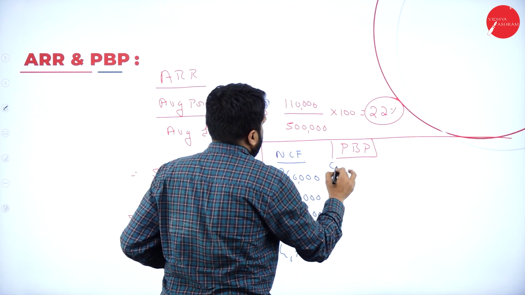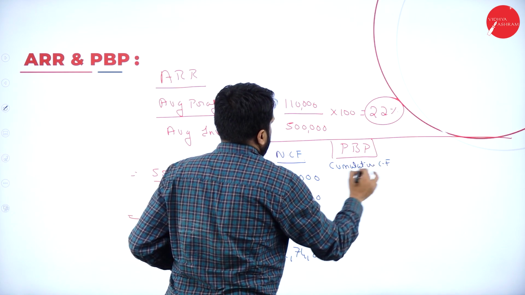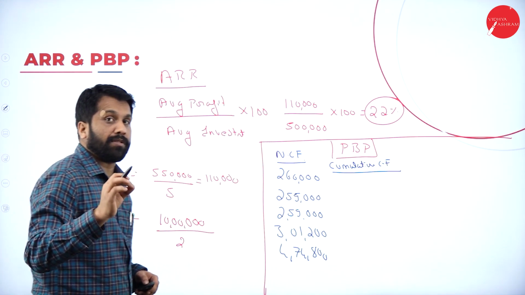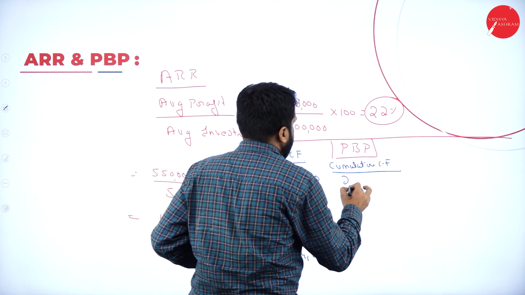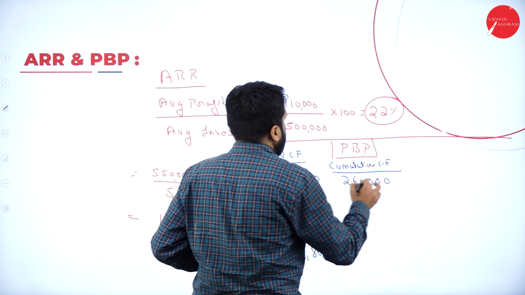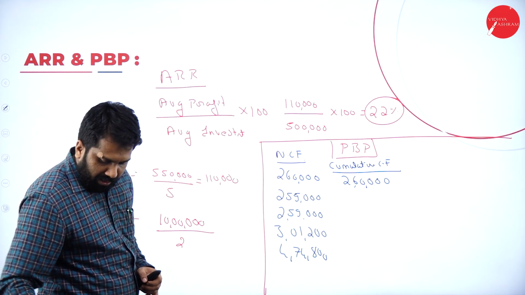Now we have to find out the cumulative cash flow. Cumulative cash flow means we just have to add back. First year it will be 2,60,000. Cumulative means adding 2,60,000 plus 255.